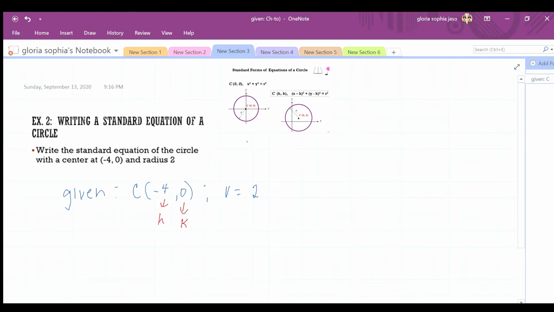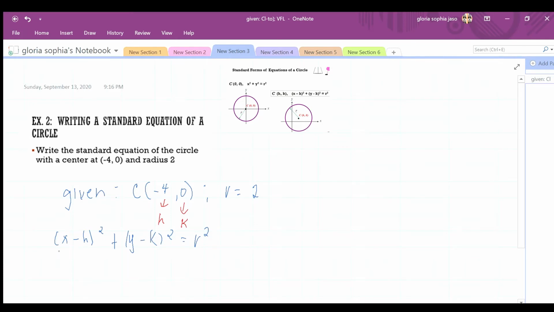So, this time, wala na sa origin yung center natin. So, gagamitin na natin yung second formula natin or yung second equation natin, which is x minus h squared plus y minus k squared equals r squared.